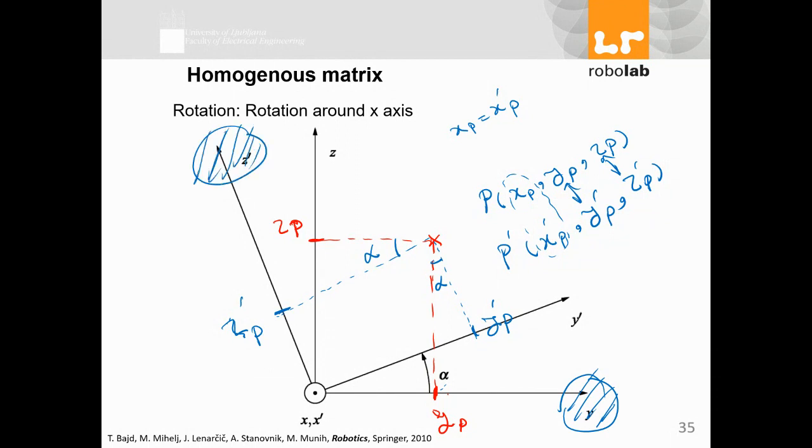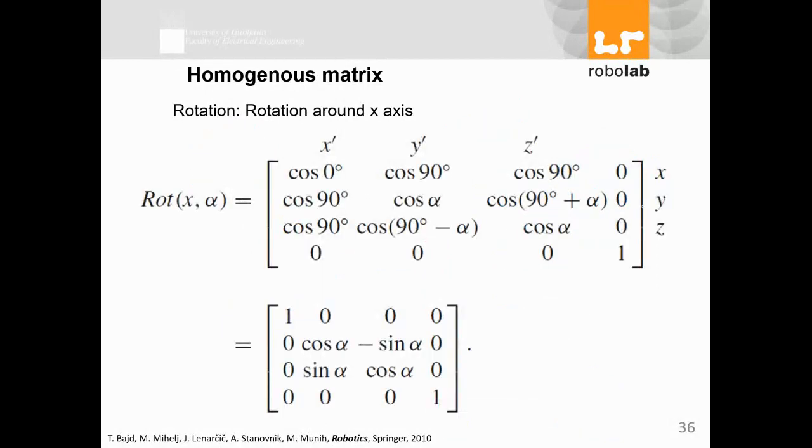So you have one 90 degrees here and one alpha here, right? Alpha plus 90 degrees. So the angle between these two is alpha plus 90 degrees. So everything is cosine.